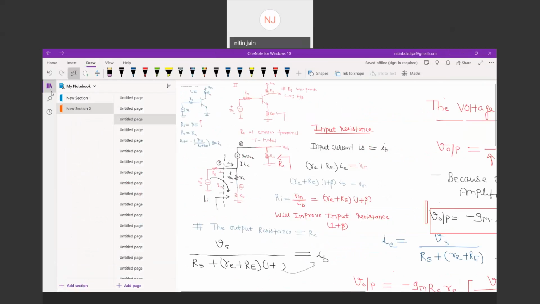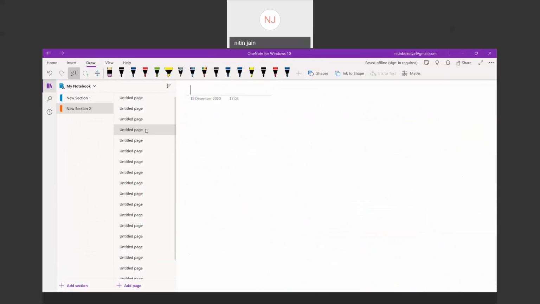The second amplifier is common base amplifier. चलो करते हैं स्टार्ट.